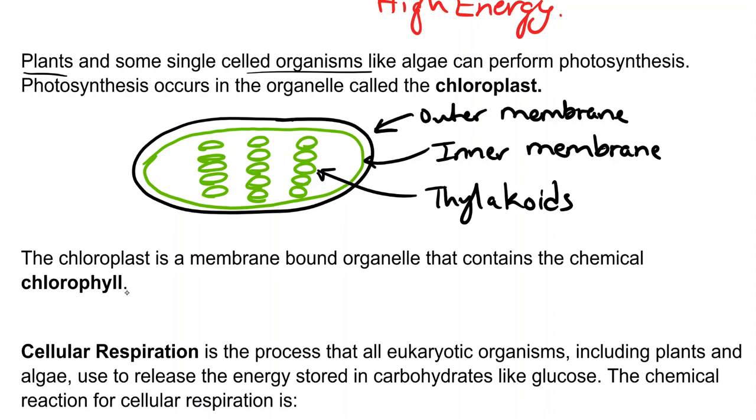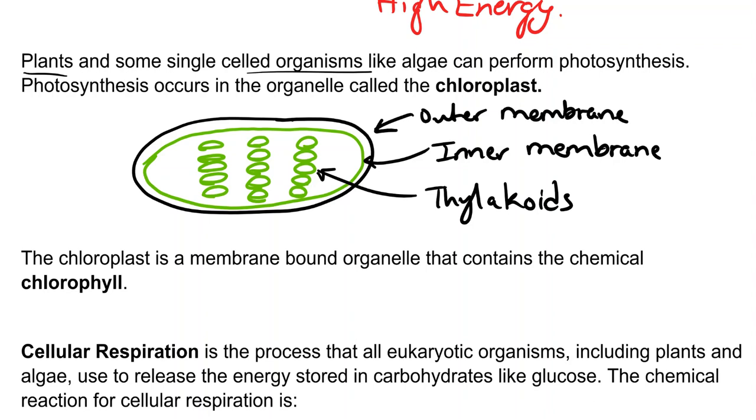And the chlorophyll, that's the molecule that first accepts the light. So that's almost the most important part of this whole process because it kicks off the entire process. The chlorophyll is the green thing that makes this chloroplast green, and it's subsequently what makes plants green and algae green as well. Now, that's how plants and some single-celled organisms make the glucose.